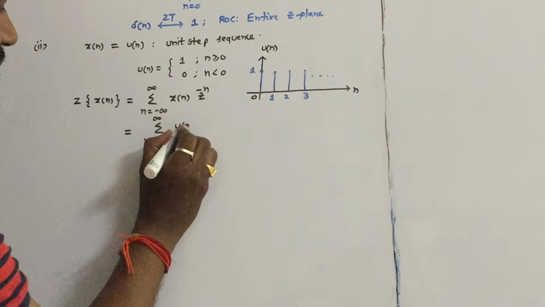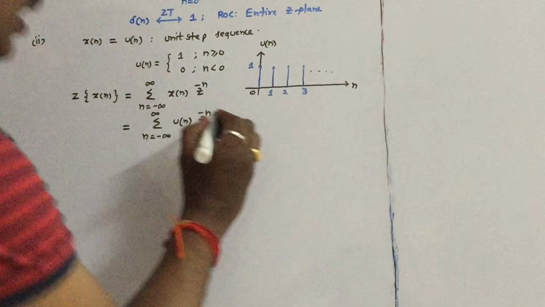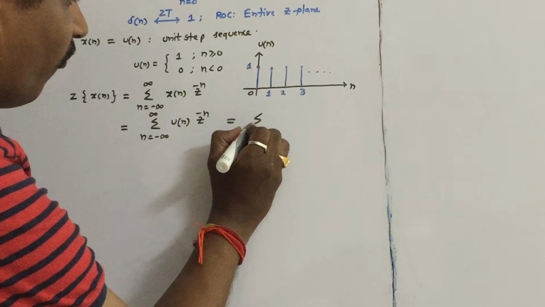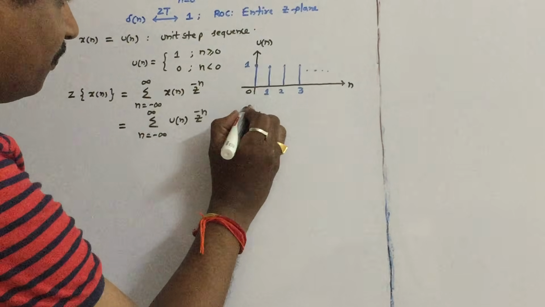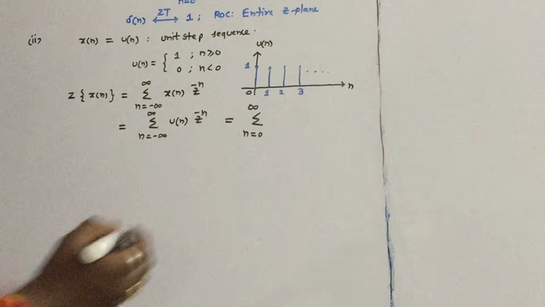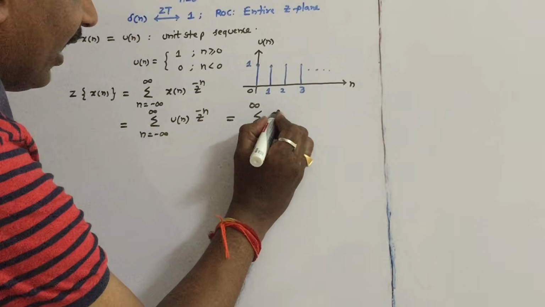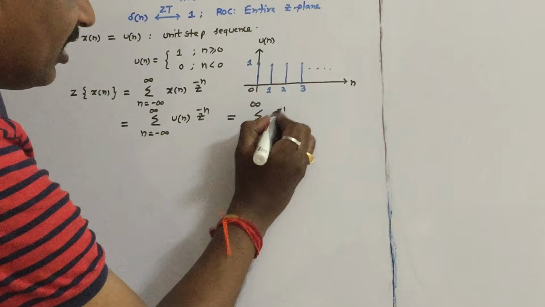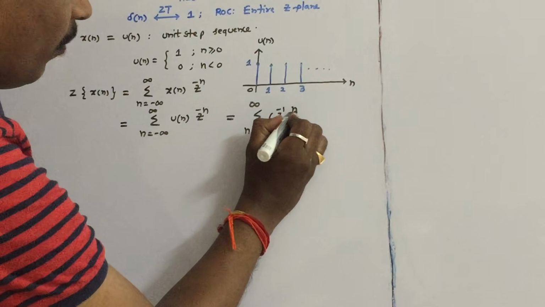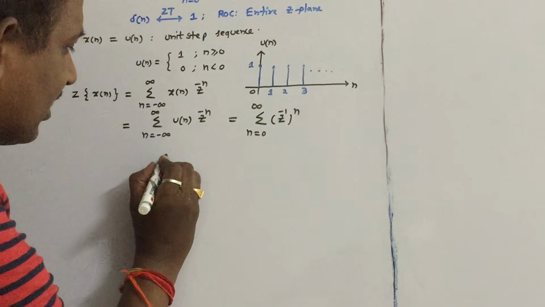It is given as u of n into z power minus n. But since u of n is available from n is equal to 0 to infinity, change the limits from n is equal to 0 to infinity. In this interval, all the sample values are 1. So you write it as only z power minus n, which is written as z power minus 1 whole power n. So let us expand the summation.